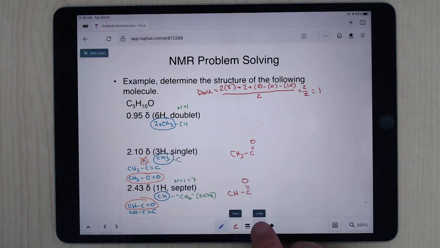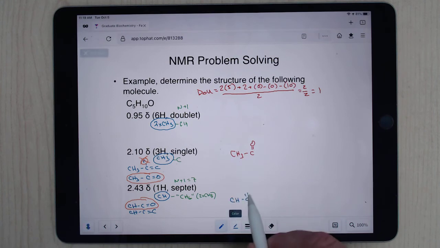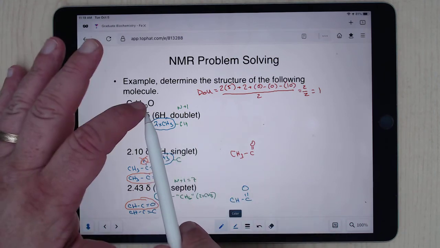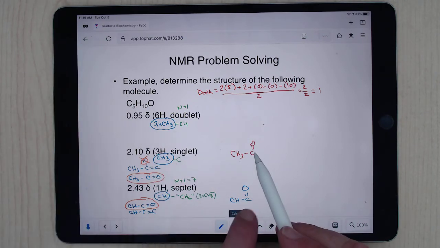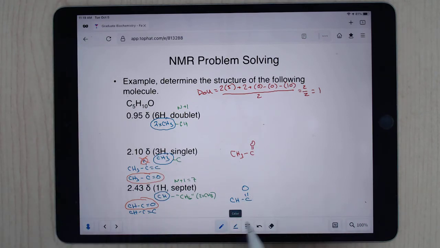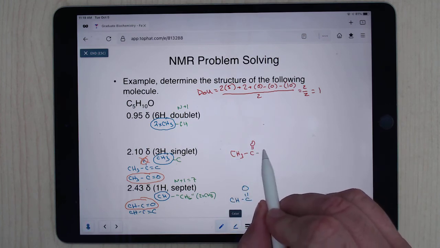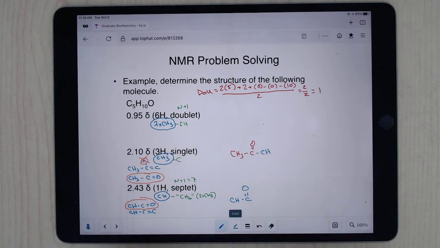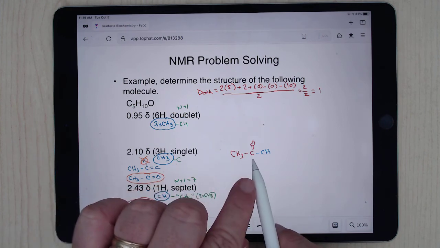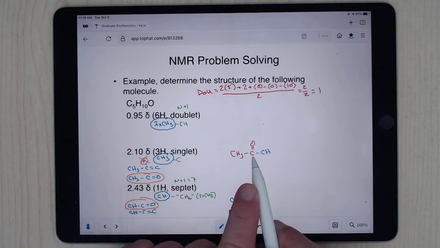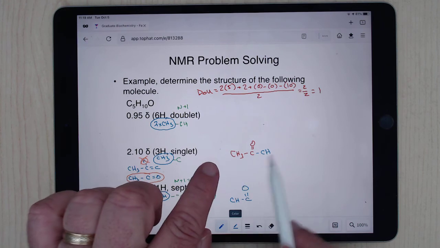So this is probably the same C double bond O. Probably what we have is a CH3 next to a C double bond O, and a CH next to a C double bond O. So it's probably like this.